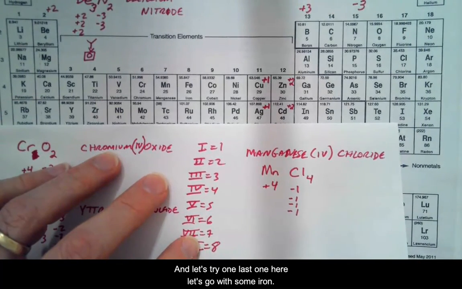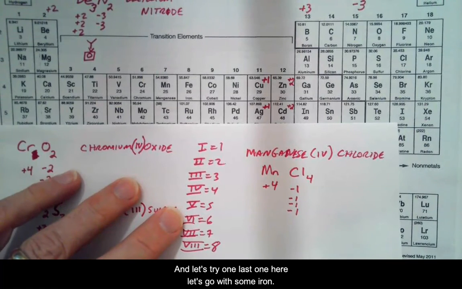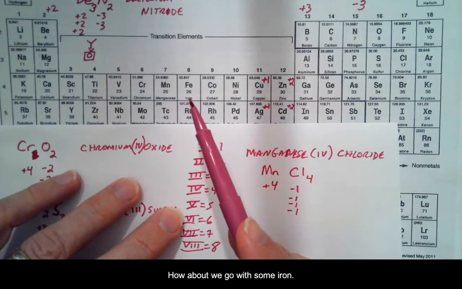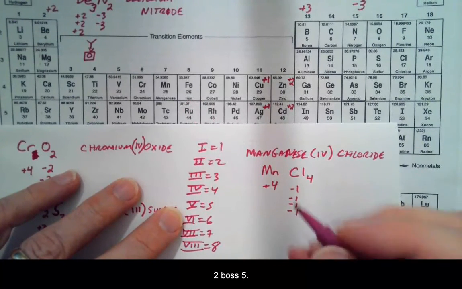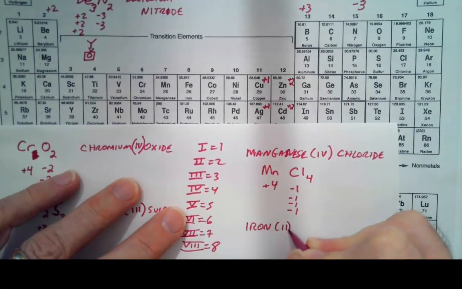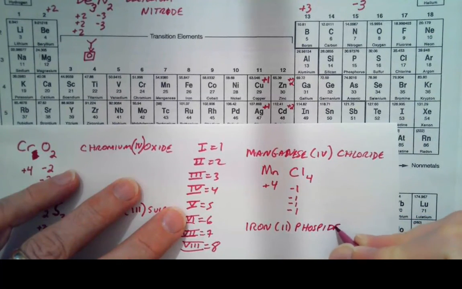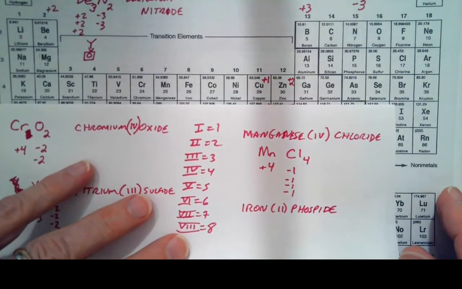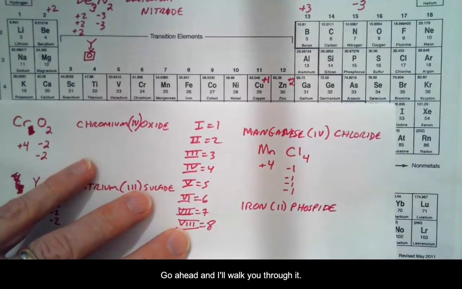And let's try one last one here. Let's go with some iron. And how about we go with some iron 2 phosphide? Iron 2 phosphide. If you want to pause the video and think about that for a moment, go ahead and I'll walk you through it.